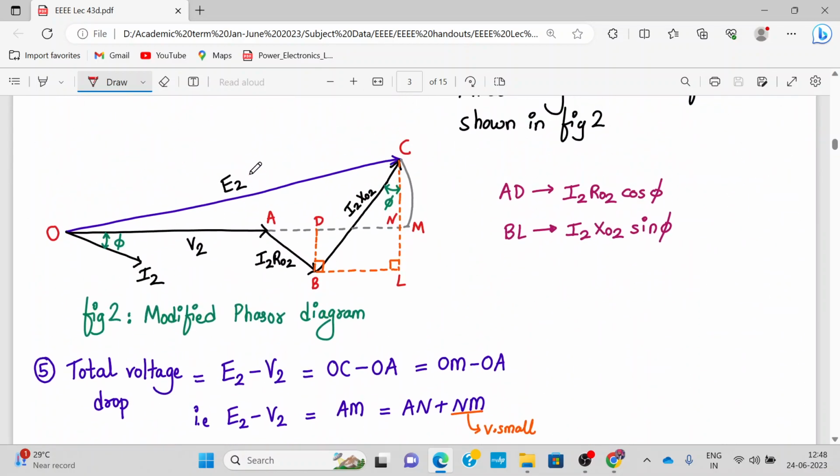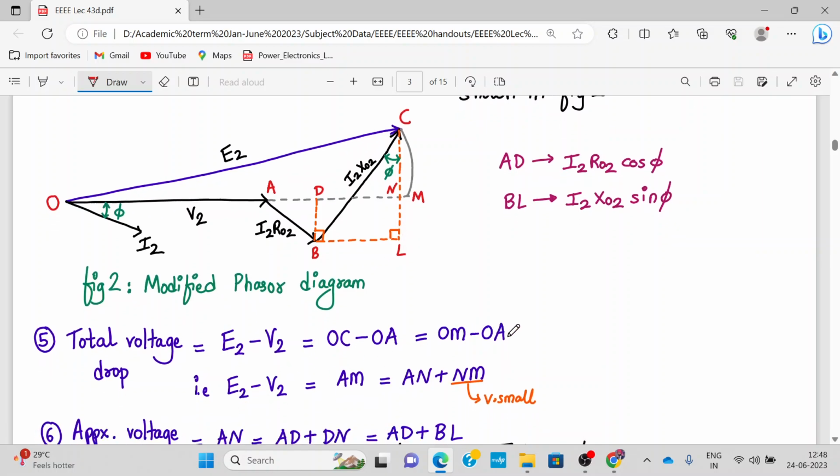According to the circuit, E2 minus V2 is actually OC minus OA, which is equivalent to OM minus OA according to the diagram. Here OM minus OA is equal to AM only.